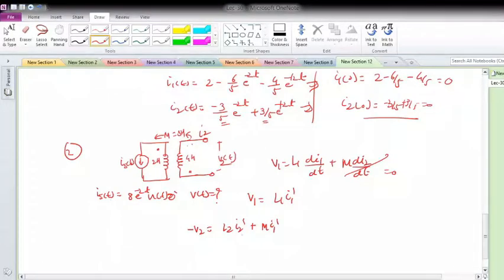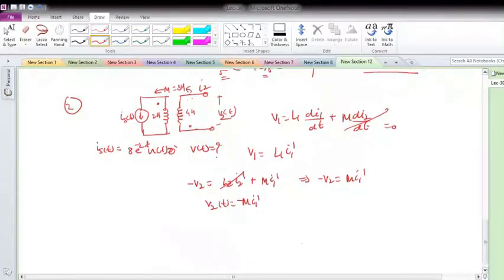Again, this is open circuit, that's why I2 is 0, so this vanishes. So minus V2 is M I1 dash, or V2(t) will be equal to minus M I1 dash(t). So V2 is minus M I1 dash.